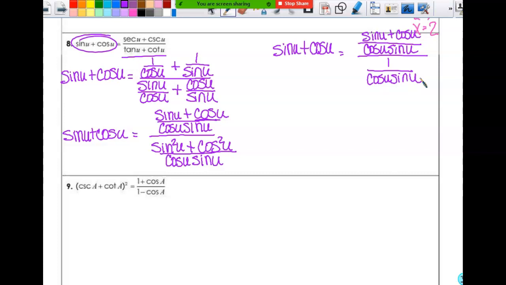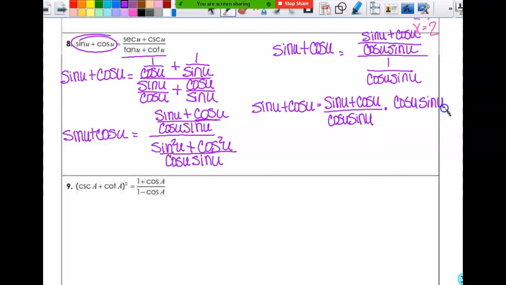So I'm going to rewrite the left-hand side again. Sine u plus cosine u. And now I'm going to actually divide these by multiplying by the reciprocal. So this will give me sine u plus cosine u over cosine u sine u times the reciprocal of the denominator, which is cosine u sine u over 1.